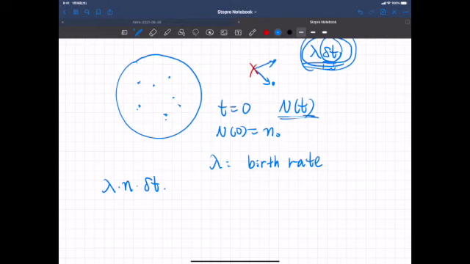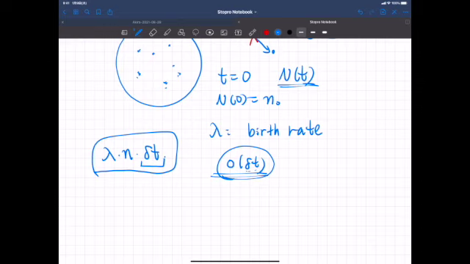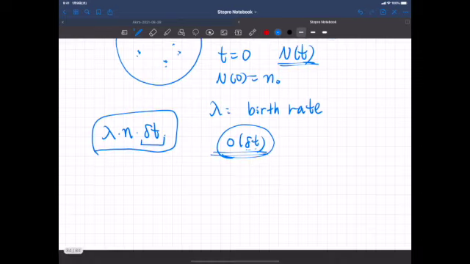We assume that the probability that any two cells divide within the same duration delta t is negligible. That probability is denoted by small o of delta t. This means this quantity is of higher order in delta t, like delta t squared, delta t cubed, and so on, so that compared to this rate, this term is negligible.